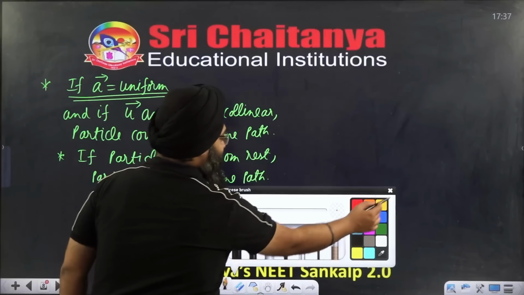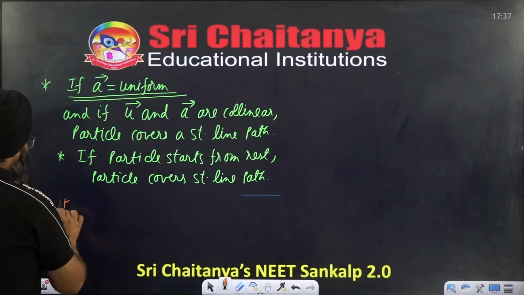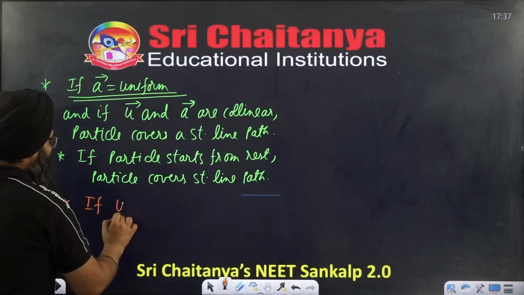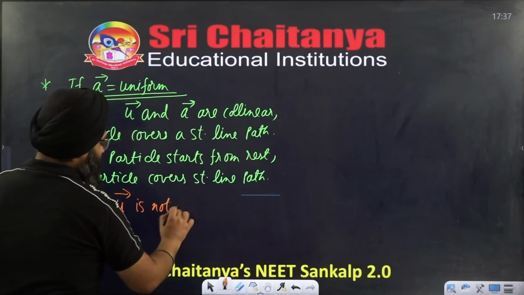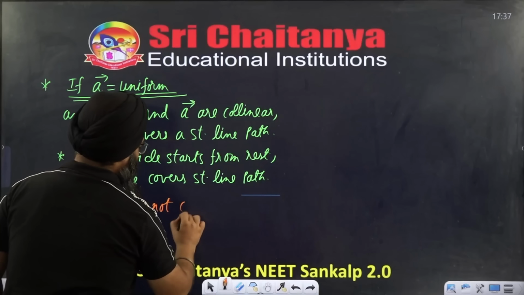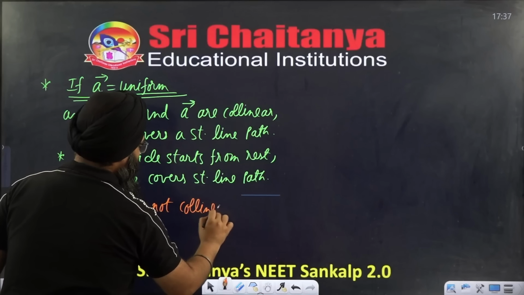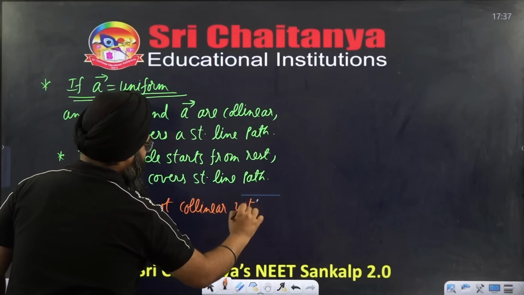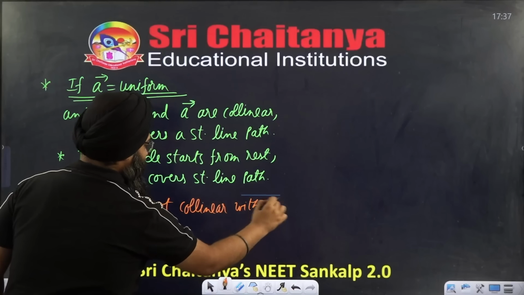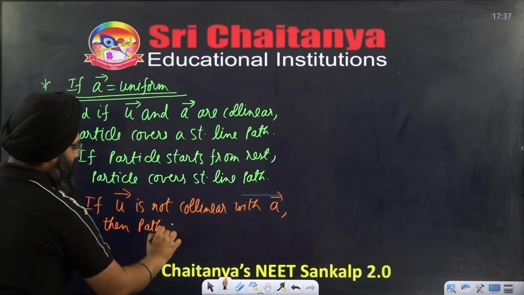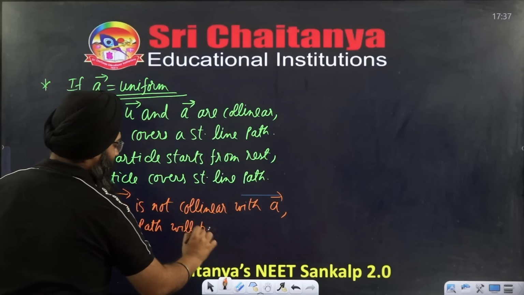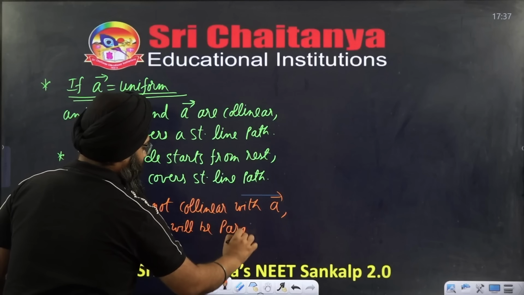But if initial velocity and acceleration are non-collinear, if initial velocity is not collinear with acceleration, then the path of the particle will be a parabola.